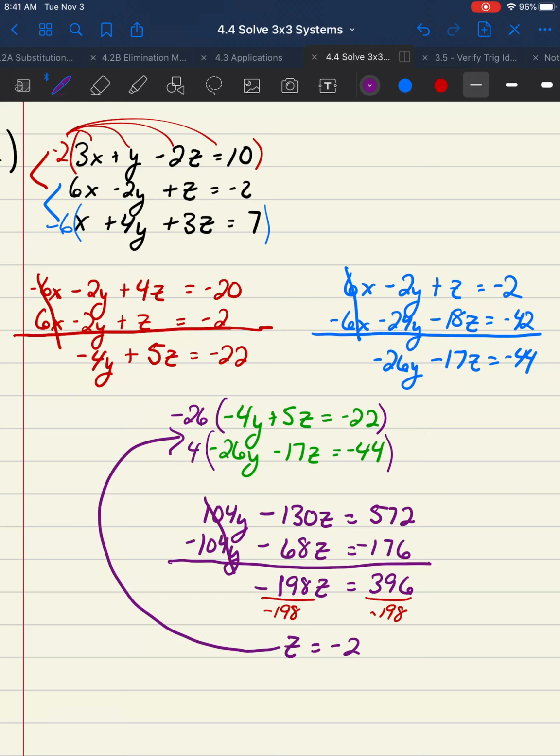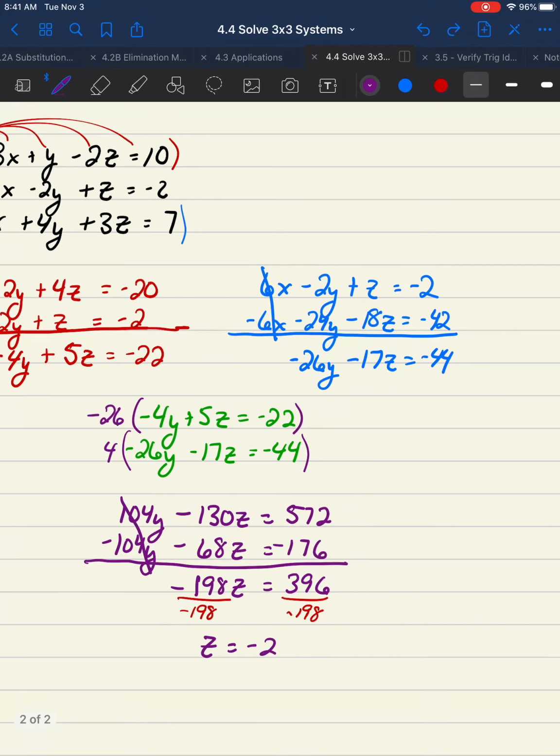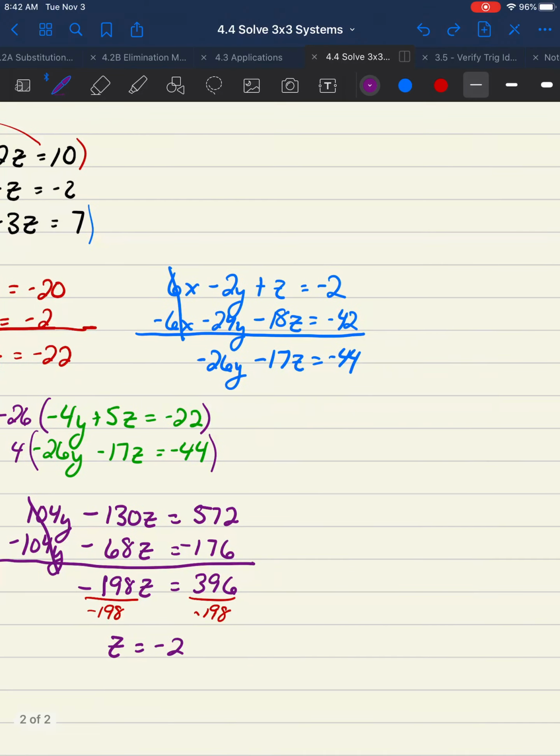Now that I have that one answer, I'm going to plug it into one of my 2 equations. Okay, I'm just going to pick the top one. It does not matter which one you pick. So, negative 4y plus 5z equals negative 22, but I'm going to replace z with the negative 2 that I found.